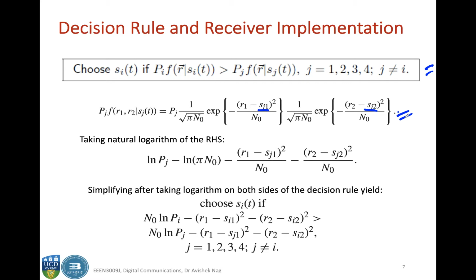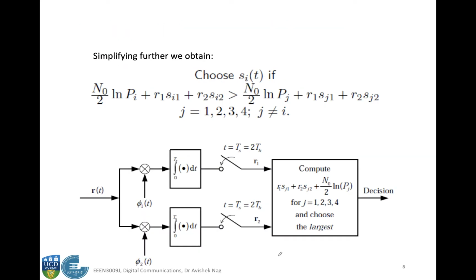And if you simplify, then the optimum decision rule yields that you choose Sit if N0 log Pi minus these terms is greater than N0 log Pj minus these terms, where j is 1, 2, 3, 4 and j not equal to i. If you further simplify, you get again these rules: you choose Sit if this side is greater than this side, where i not equal to j and j equal to 1, 2, 3, 4.